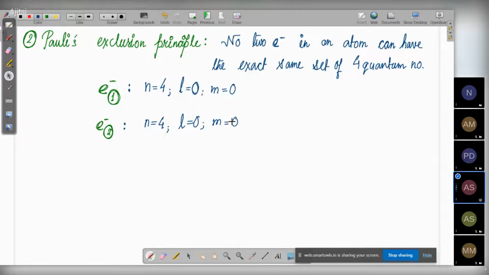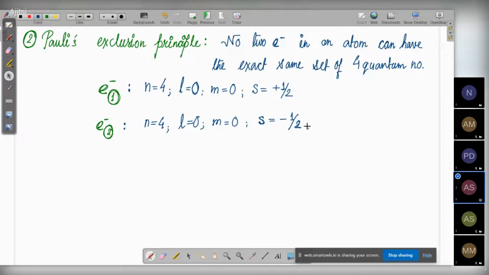So you are seeing that out of the four quantum numbers, 3 are completely similar, but the fourth one will always be dissimilar. For one you have s equal to plus, and for the other you are getting s equal to minus.